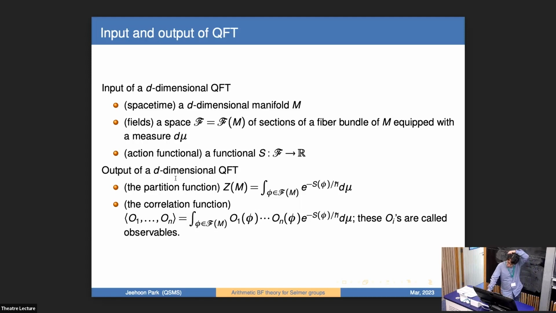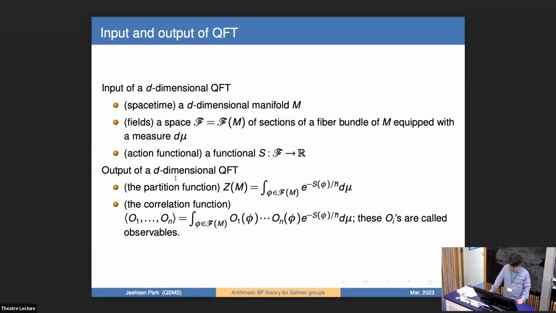The input of a d-dimensional QFT is basically three things: space-time, a d-dimensional manifold M; a space of fields, basically a function space on M, sections over M with measure d mu; and an action function.